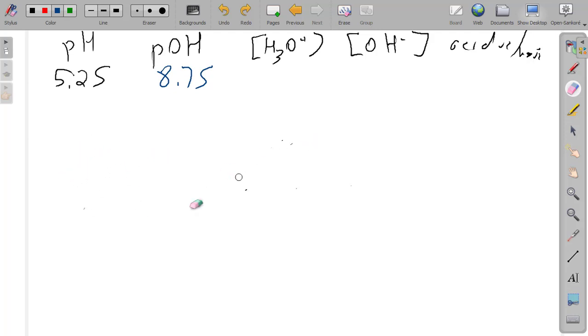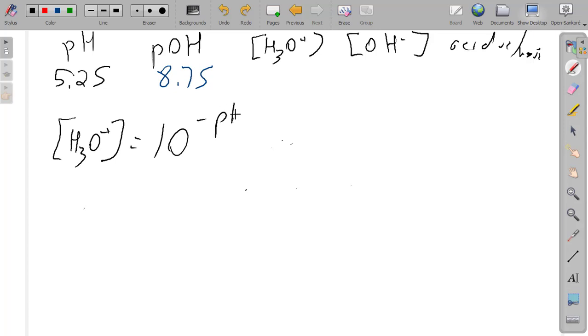Now it wants to know the hydronium ion concentration. Sorry, wrong color again. Change back here. All right. Hydronium concentration is 10 to the negative pH, which is going to be the inverse log. So second log on your calculator, and you're going to use your plus minus key to get the negative of the pH, and the pH here was 5.25.